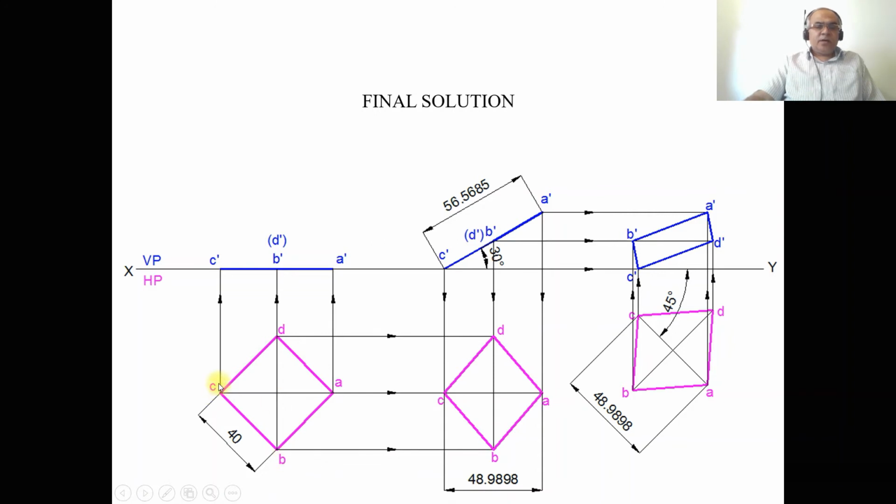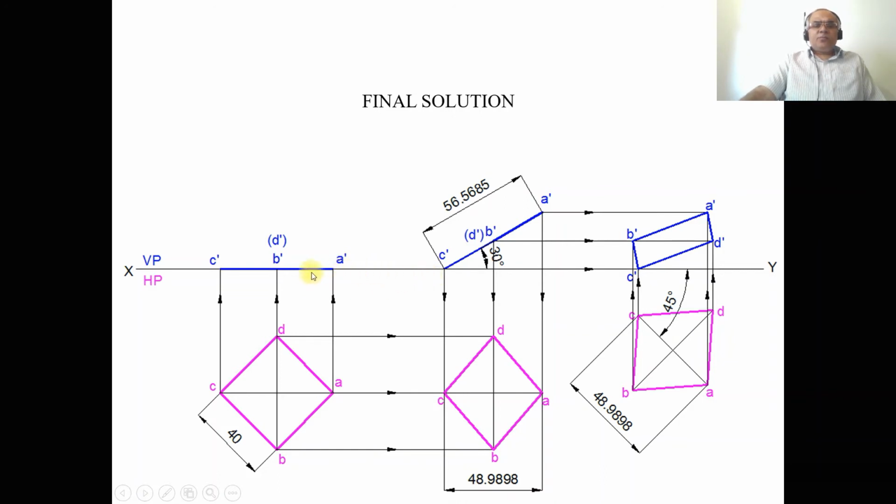Then from C, draw a vertical projector to the XY line, and from B and D, draw a vertical projector to the XY line, and also from A, draw the vertical projector to the XY line, and you mark these points as C dash, then B dash and D dash in bracket, then A dash. Then join C dash to A dash with a dark line.